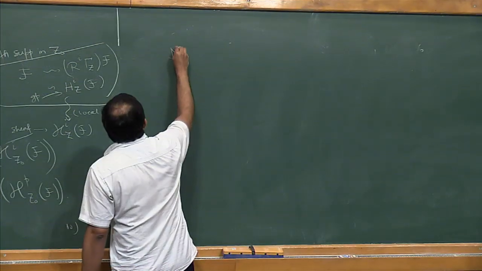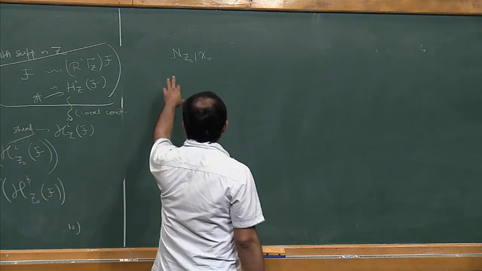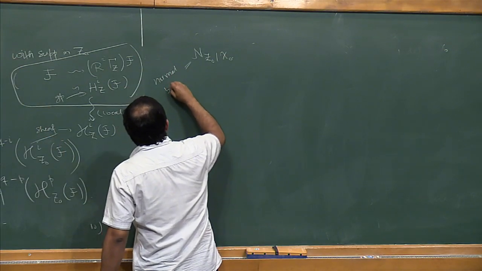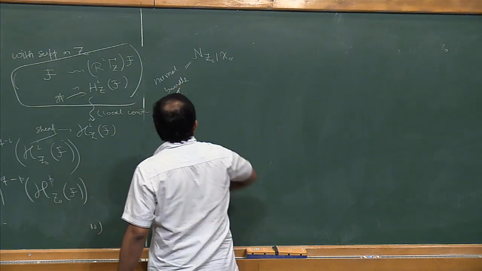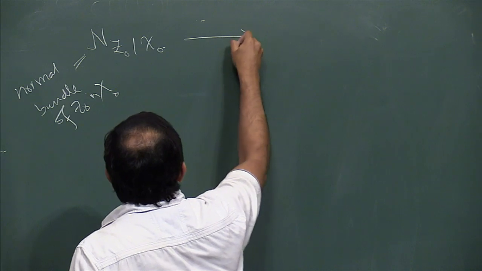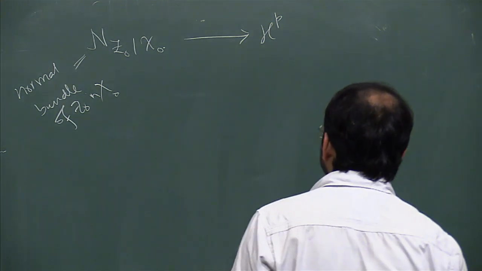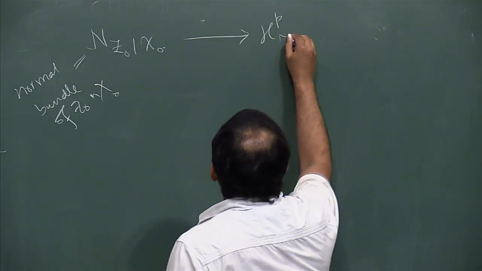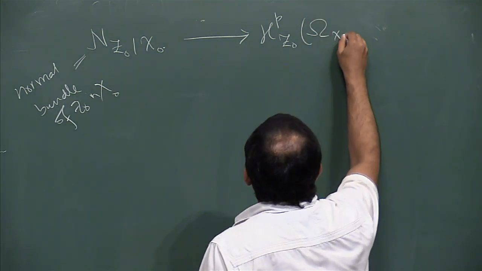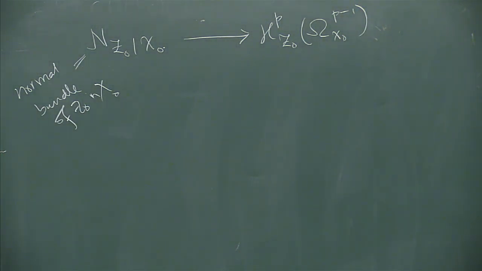So, I take the normal bundle of, so this is the normal bundle, and I want to write a map to H^P_{Z naught}. As you can guess, this is in some sense an inner product.